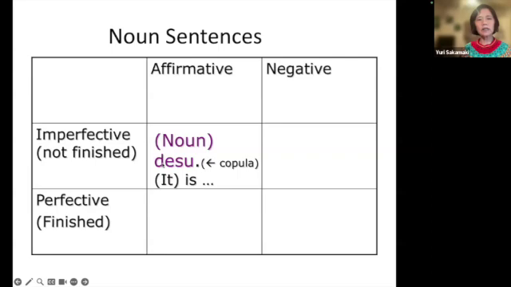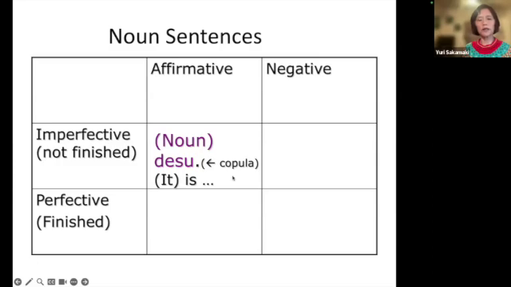This is kind of like it is or they are, but we do not really have a be verb. We just call this copula. Again, it's a fancy grammar word. But for now, if you can think of it as presenting a noun in a polite way by saying desu after a noun, then you're good.